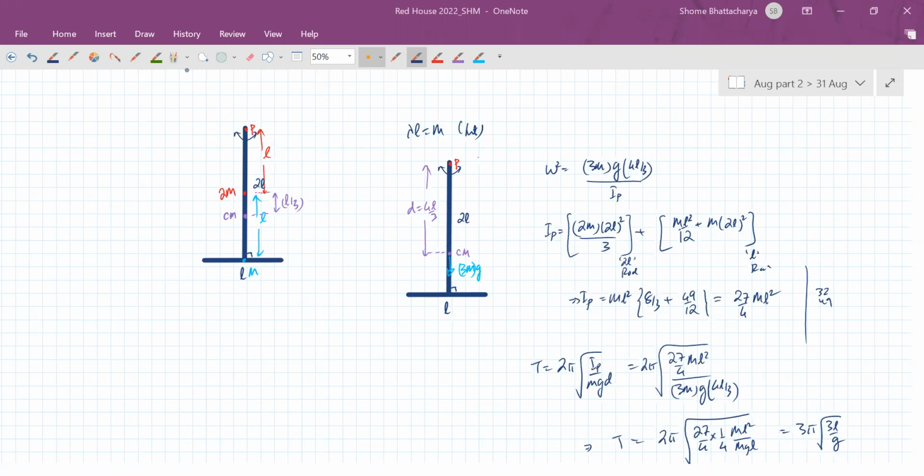Oh wait, this is by 2. Okay, so I think this should be the correct answer. Just check the calculation while you're noting it down, but more important is the concept. Okay, so essentially physical pendulums is all about applying your moment of inertia concept correctly and center of mass concept correctly.